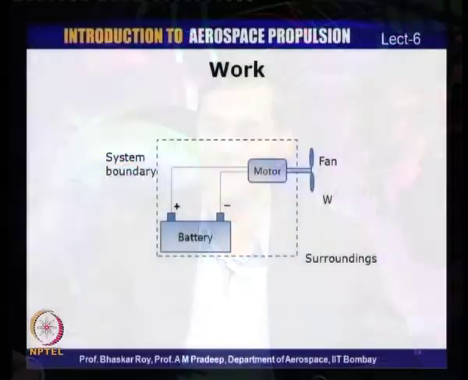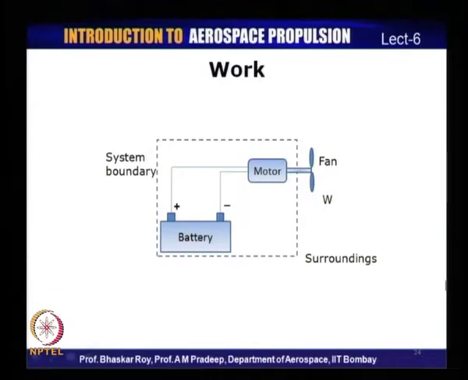Now, we will look at an example to understand what this definition basically means. In this example, we shall consider a system which has certain interaction with its surroundings, and we shall see how we can understand work interaction for this particular system with its surroundings. We have here a system which is bounded within system boundaries.